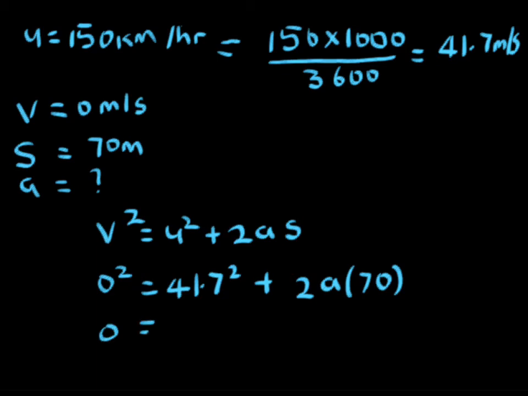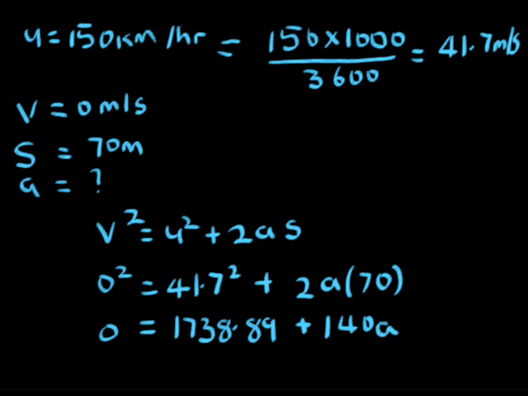Now 41.7 square, in computing that, gives us 1738.89. Now 2 times 70 gives us 140, and the a remains just the way it is.